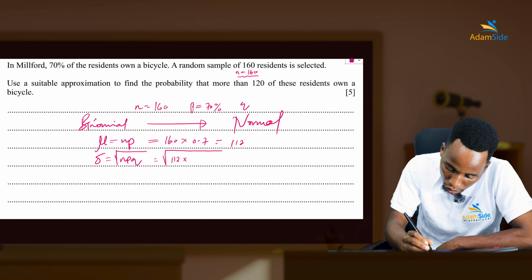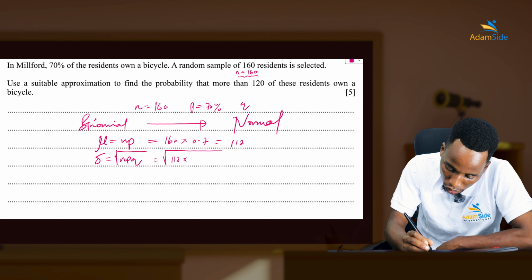Because we are approximating, greater than and greater than or equal are the same for normal, but for the case of binomial, these are two different things. So in order to get the approximation of the actual one, we are supposed to adjust this 120. Since it's greater than 120, we have to choose whether to use the upper bound or the lower bound. 120 is here.